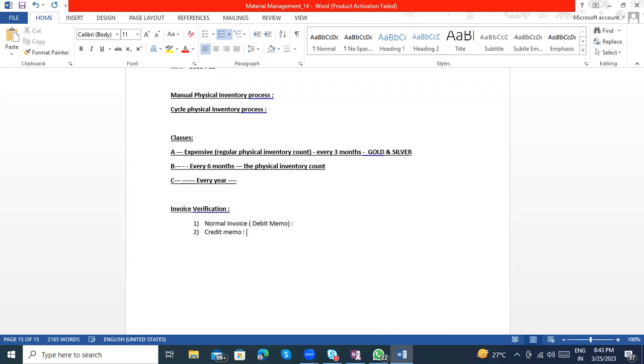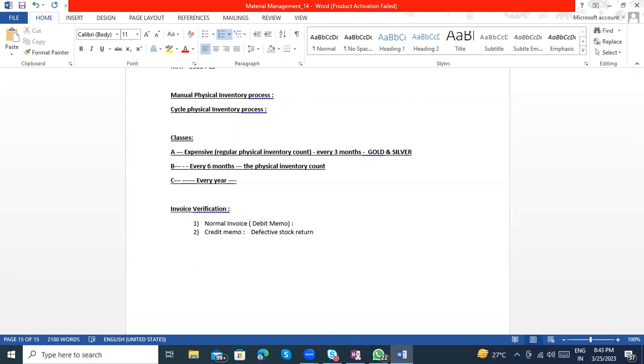But in case there is any return of goods, we use a credit memo. In this case, we expect some price or some value back from the vendor. The vendor has to pay this amount. So we use a credit memo only in the case of defective stock, defective materials, returns.